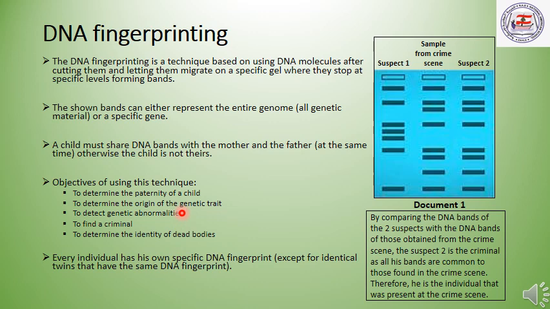The genotype can also be revealed by DNA fingerprinting. What is DNA fingerprinting? The DNA fingerprinting is a technique based on using DNA molecules after cutting them and letting them migrate on a specific gel where they stop at specific levels, forming bands, as shown in the next document to the right.